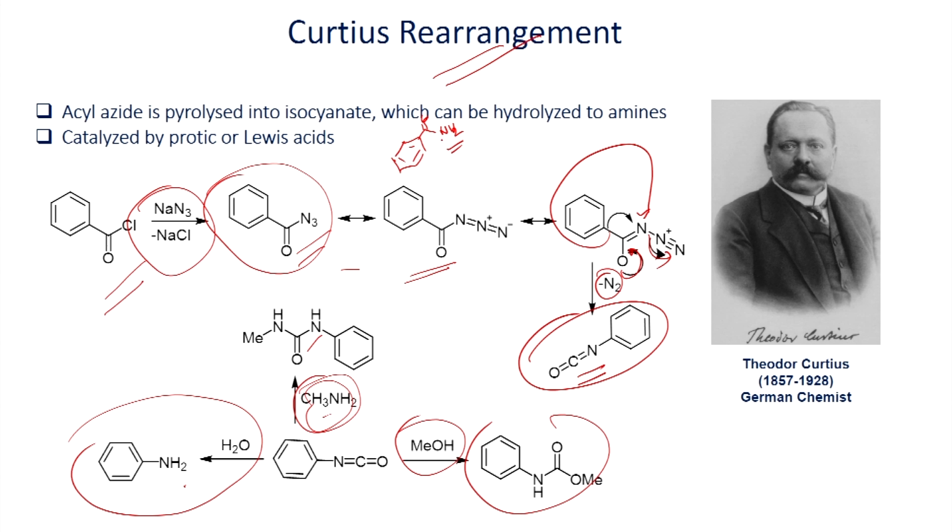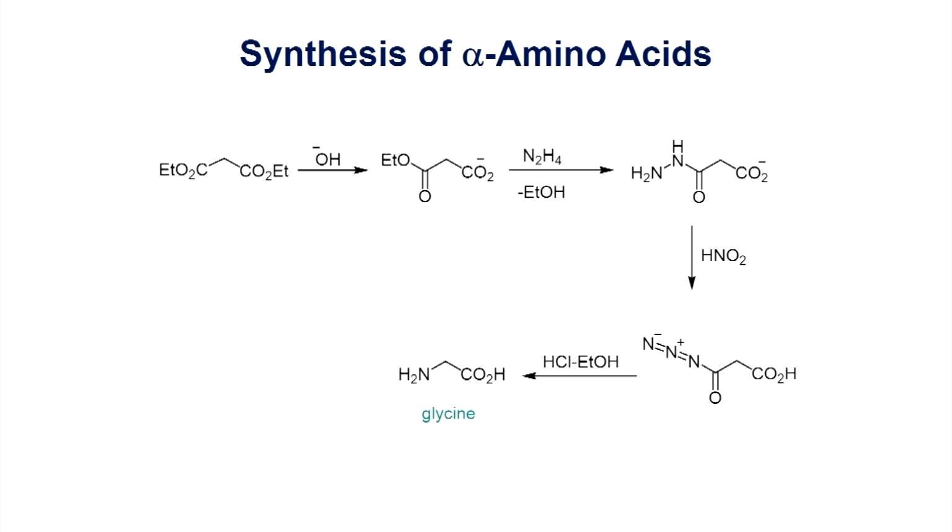We react this amide with aqueous sodium hydroxide and bromine to give this isocyanate. Once you form the isocyanate, it can further react with different nucleophiles. Here the starting material is acyl azide. Once you form the acyl azide, it can be converted into isocyanate by heating, and once you form this one, it can be further reacted with different nucleophiles to give the addition products.